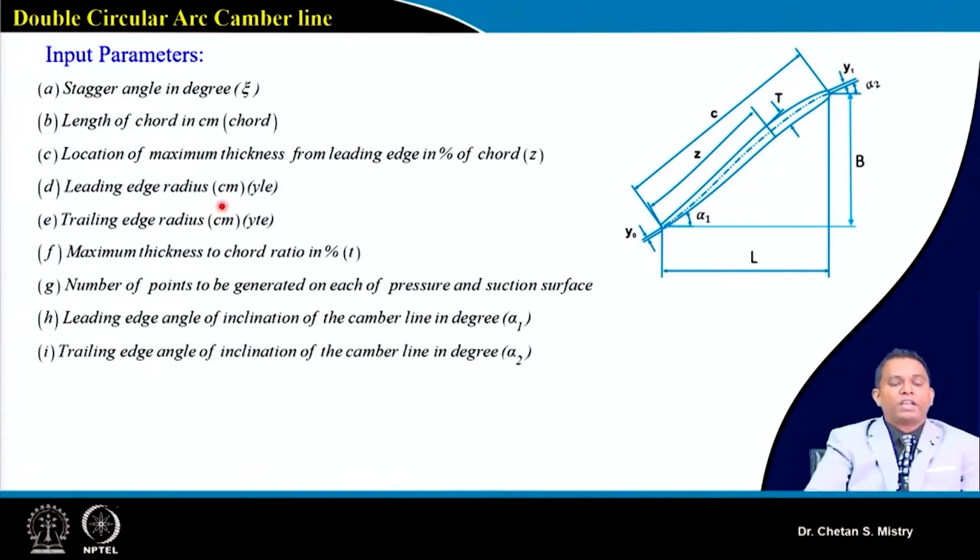Based on that we can put our stagger angle, we can put where we will have maximum thickness, we know that is at 50% of my chord, what will be my leading edge radius, trailing edge radius, and what will be my angles alpha 1 and alpha 2. That will be a sufficient condition for development of the double circular arc camber line.